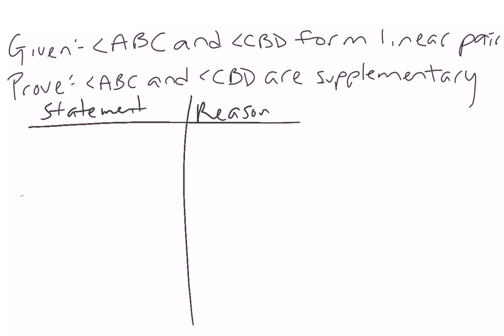So we're going to start always with what we were given, which is that angle ABC and CBD form a linear pair. And the reason is that it is what's given to us.